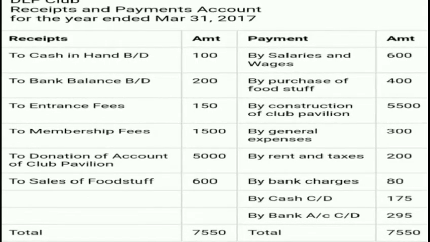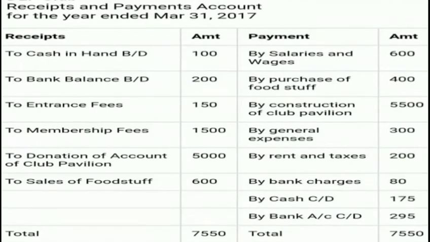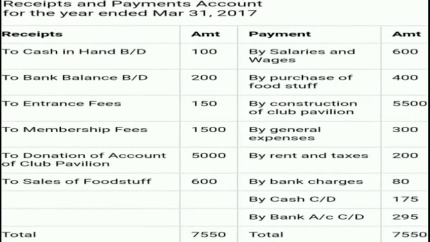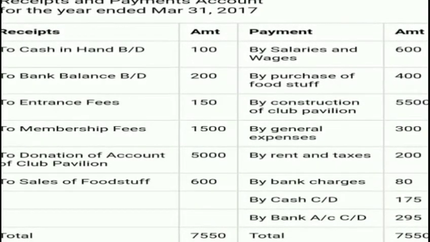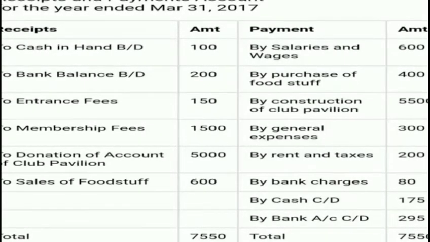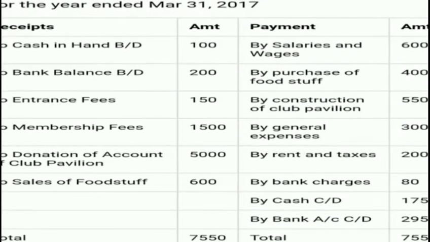As per the format, we will record the opening cash or bank balance first and then record the other receipts. The other receipts are entrance fees, membership fees, donation for club pavilion, and food stuff sale, with their respective amounts. Now coming to the payment side, we will record the expenses one by one.